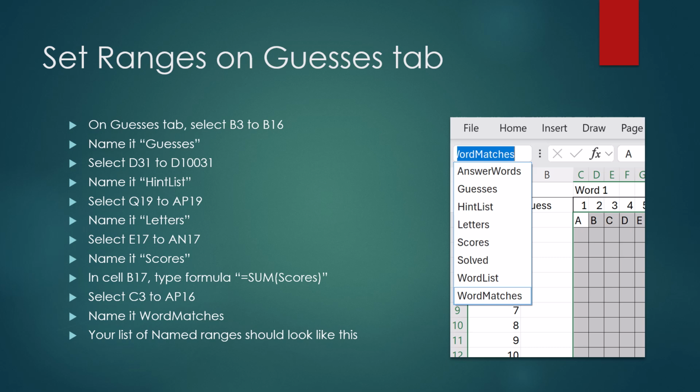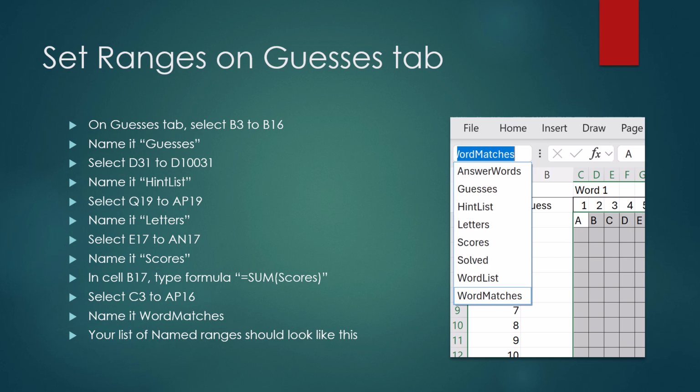Select the range E17 through AN17. That's going to be the scores that are below each of the words. In cell B17, you want to type the formula equal sum, open paren, scores, close paren. And what that does is it sums all the scores that are below the words.